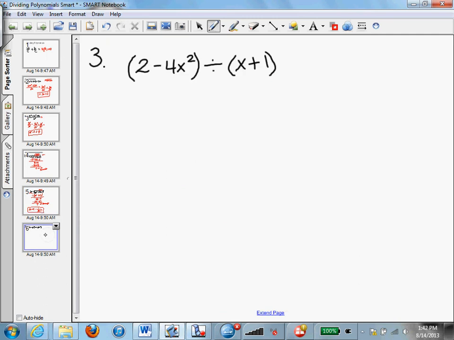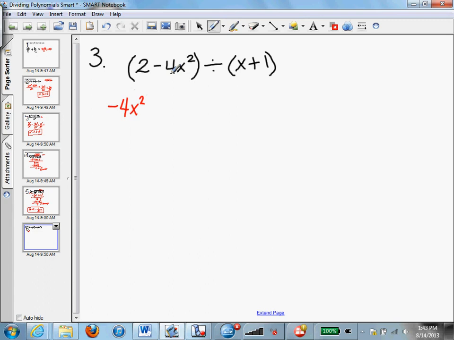And finally, we look at this problem. We have 2 minus 4x squared divided by x plus 1. The most important thing to do here is to arrange the polynomials in descending order. That means you write the largest exponents and then go down to where there is no exponent. So that's really going to be a negative 4x squared.